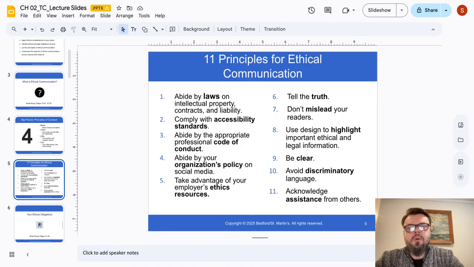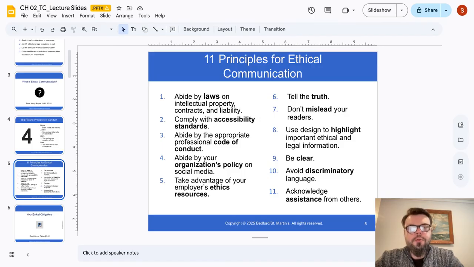You must abide by relevant laws, especially those governing intellectual property, contracts, and liability. You must comply with accessibility standards, ensuring that people with disabilities can access and use information. You should follow professional codes of conduct and your organization's social media policies.